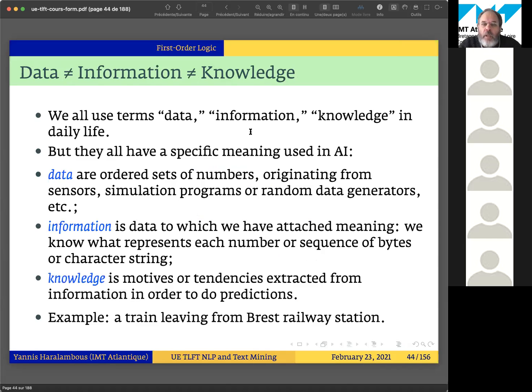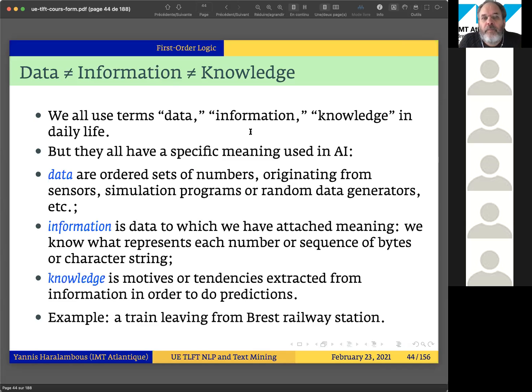Now, what is formalization and why do we need it? In many disciplines, you have already encountered the terms of data, information, and knowledge. And these words are not used with the same meaning in different domains. In the domain of artificial intelligence, these are technical terms, and they have a specific meaning.